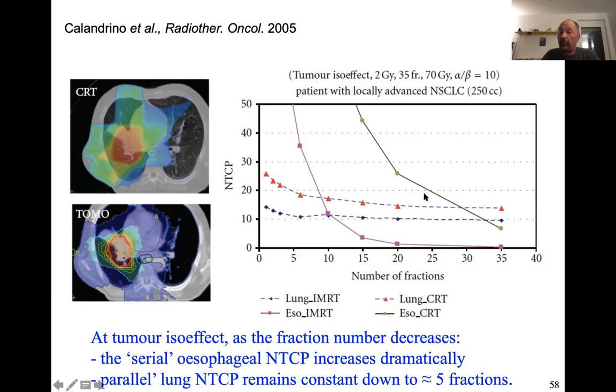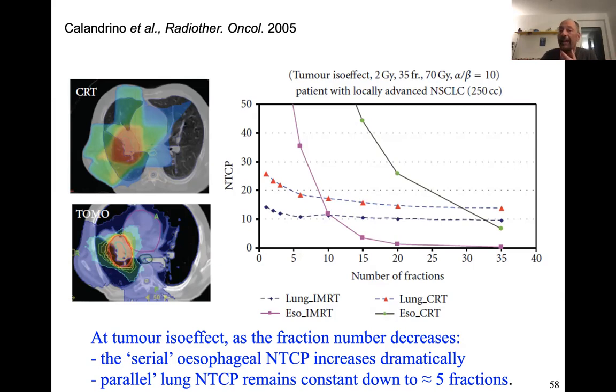But you see that when you reduce the number of fractions to the lung cancer, the NTCP explodes, which is something you know. It corresponds very nicely to the biological effective dose, to the Barendsen formula, if you want. If you increase the dose per fraction, this is what will happen.